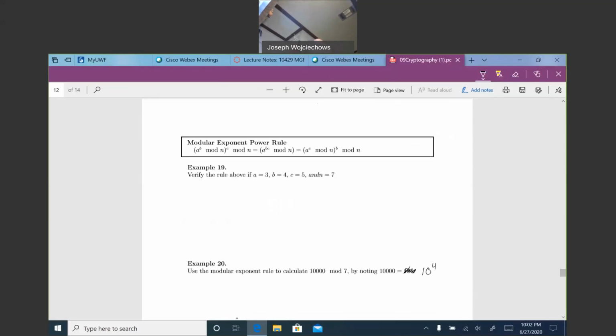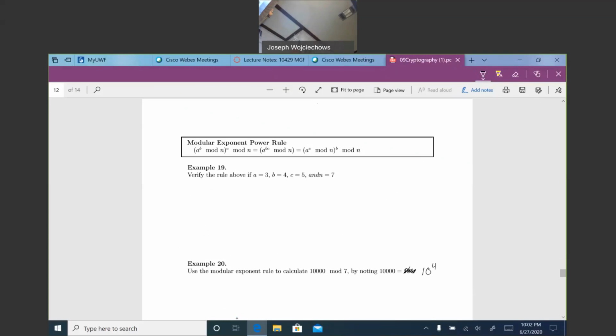Okay, then we have something called the modular exponential power rule. It says a to the b mod n, to the c, mod n, is equivalent to a to the b times c mod n, which is also equivalent to a to the c mod n, to the b, mod n.